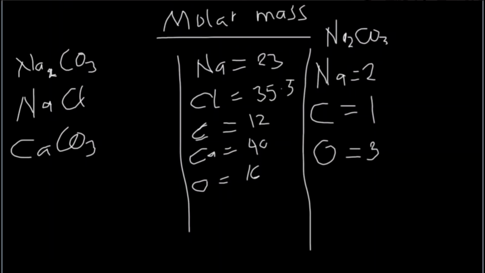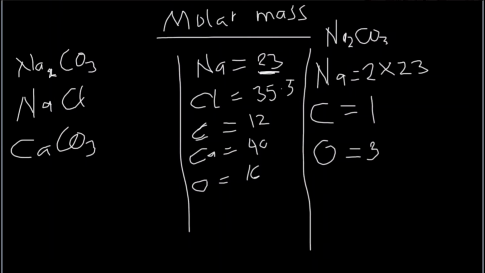To calculate the relative molecular mass, you have to find the relative atomic masses of the individual atoms. Sodium is 23, but we have two sodiums. So multiply the 2 by the 23.